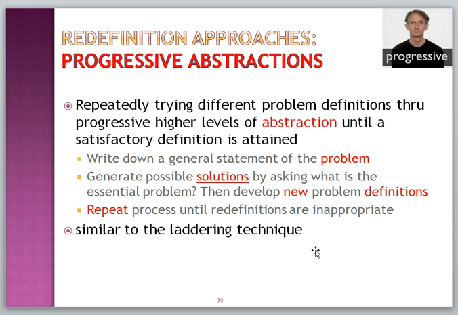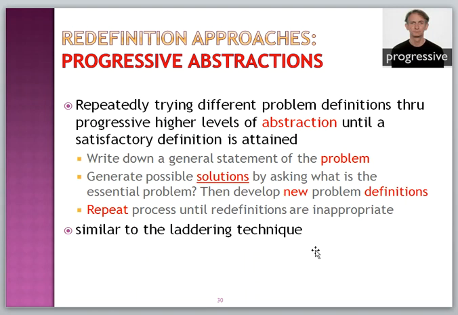Let's move to number 4, which is called progressive abstraction. Progressive abstraction is a technique similar to the laddering. We move from one step to the other, right? But by finding solutions to the problem, we jump from problem finding to solution finding.